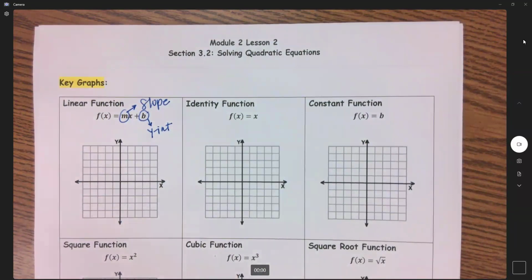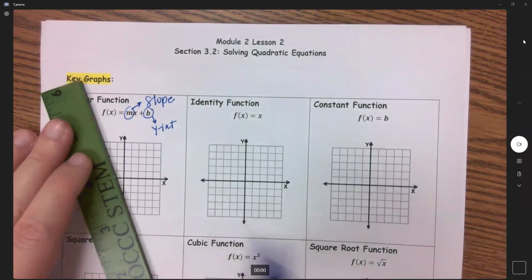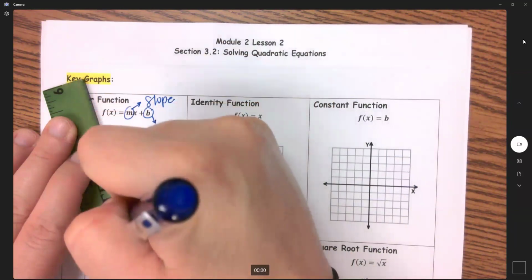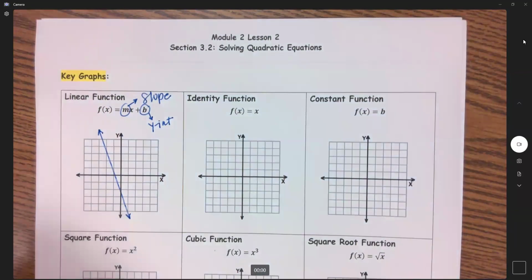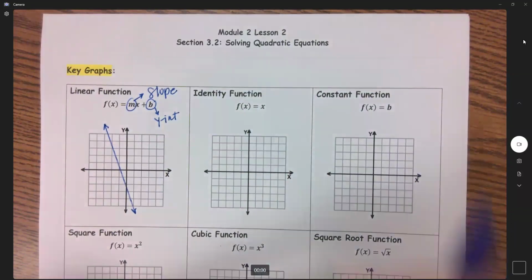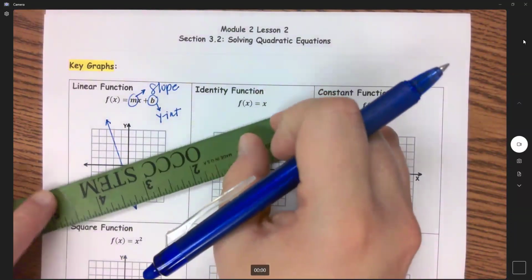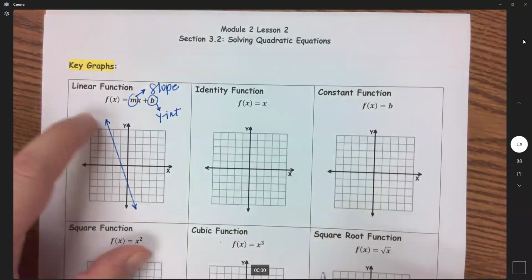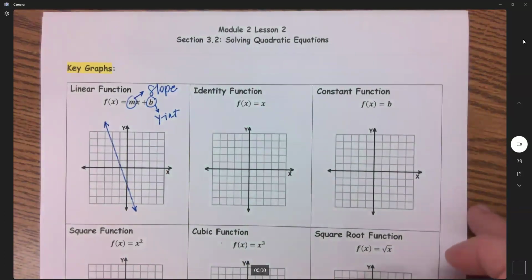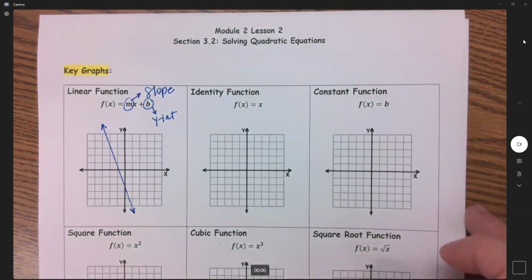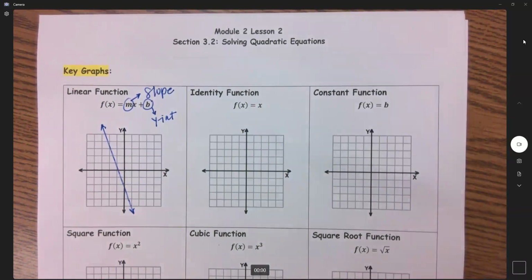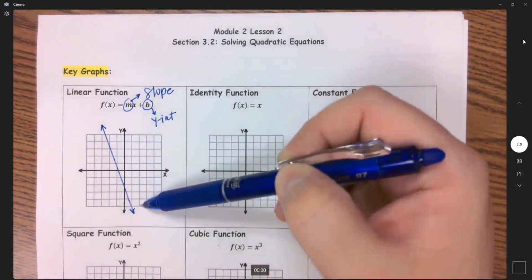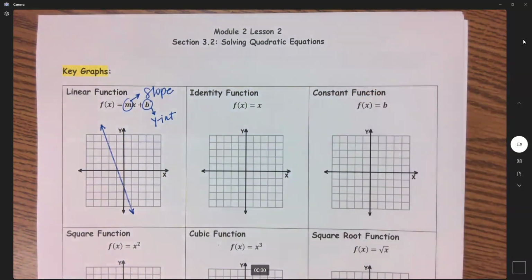So I'm just going to graph some random line right here. It can be any line. You can make a positive one. You can make a more shallow slope. This one has a pretty large slope. But it is a negative slope since it's going down, right?